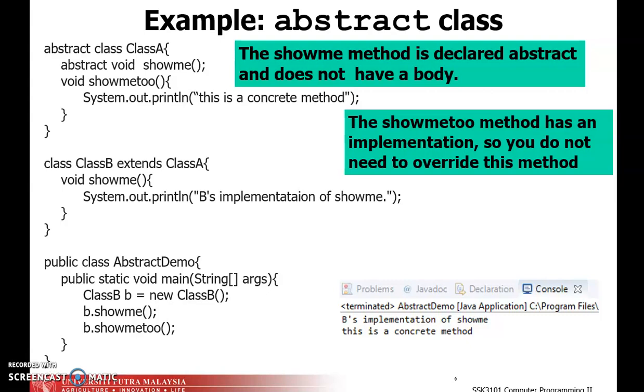As you can observe clearly, the abstract method showMe is only declared by its header or signature without implementation, while the concrete method showMe2 has its implementation, that is, a print out. This is a concrete method.